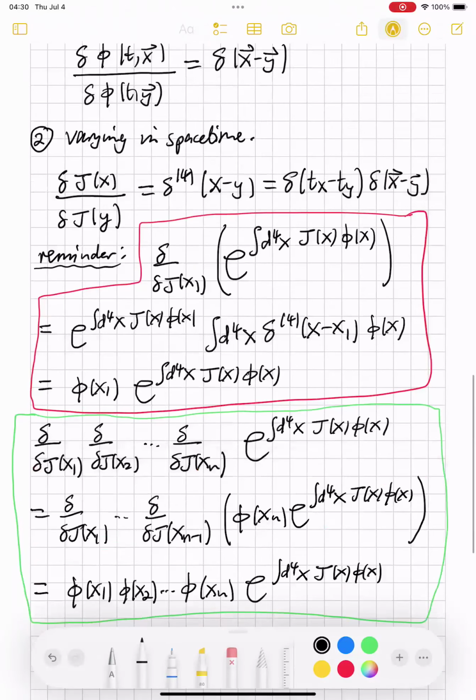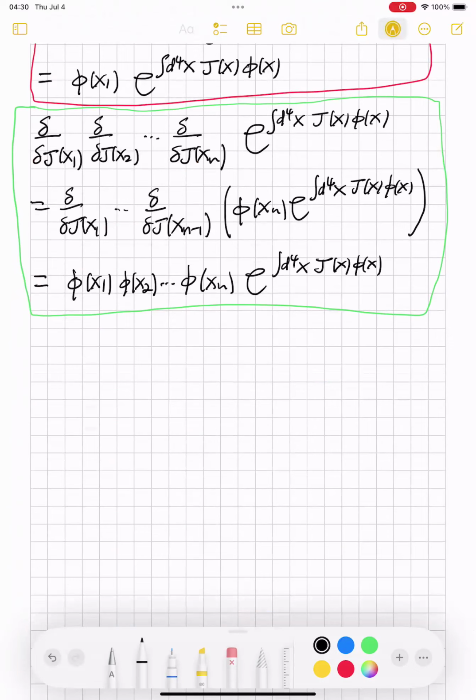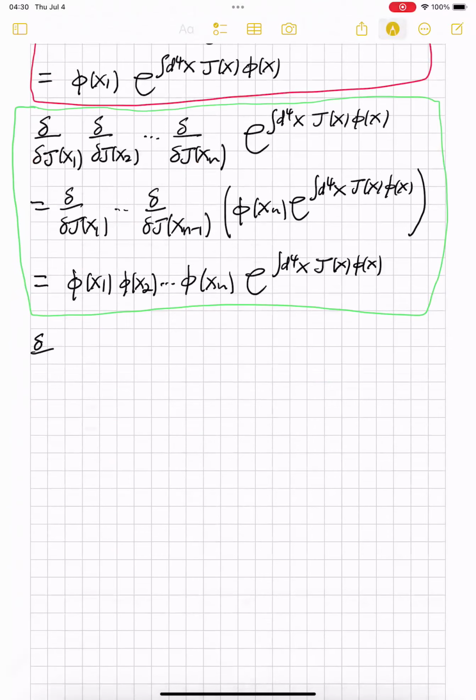So when we come to taking derivatives of z of j, we've got delta j of x1 all the way up to j of xn on z of j. And now let me just write out z of j just to remind you what z of j is.